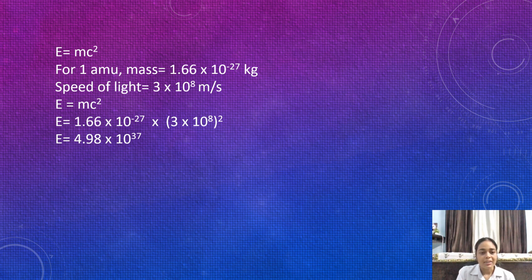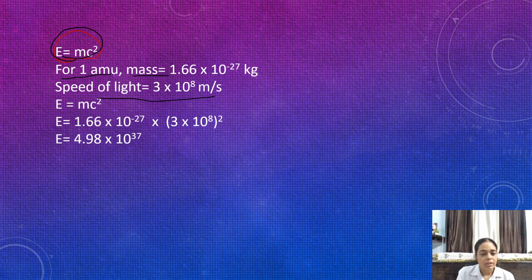So by the formula E is equal to mc squared, for 1 AMU the mass is 1.66 into 10 raised to power minus 27 kg, and the speed of light is 3 into 10 raised to power 8 meters per second.